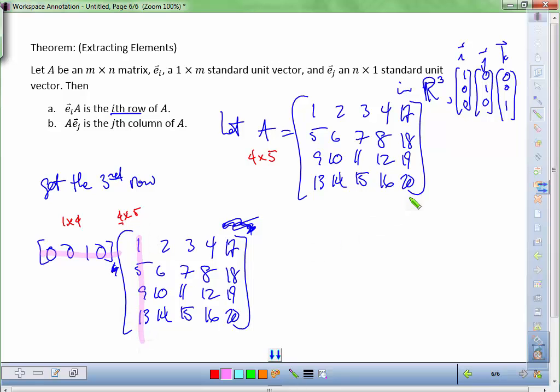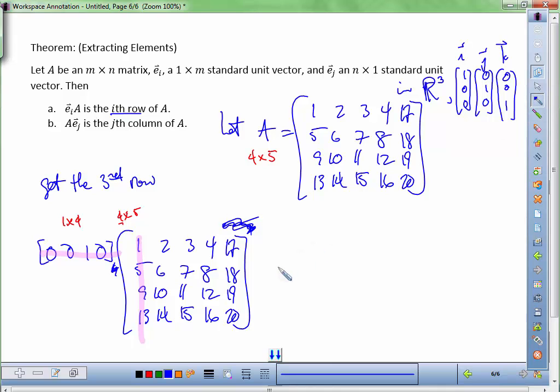Well, first of all, what is this going to end up being? What's the size of my result? It'll be a 1 by 5, right?